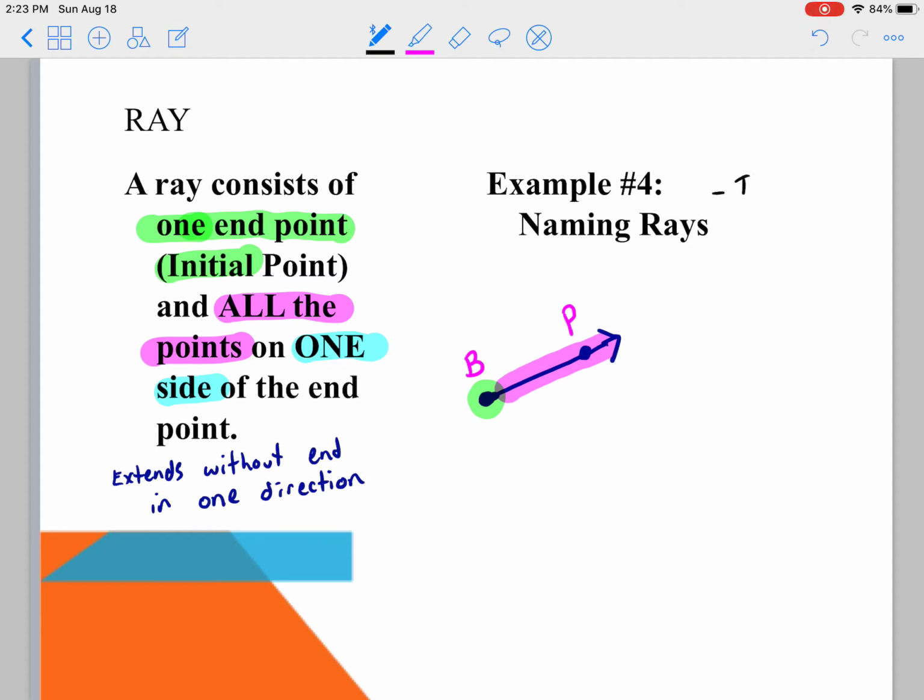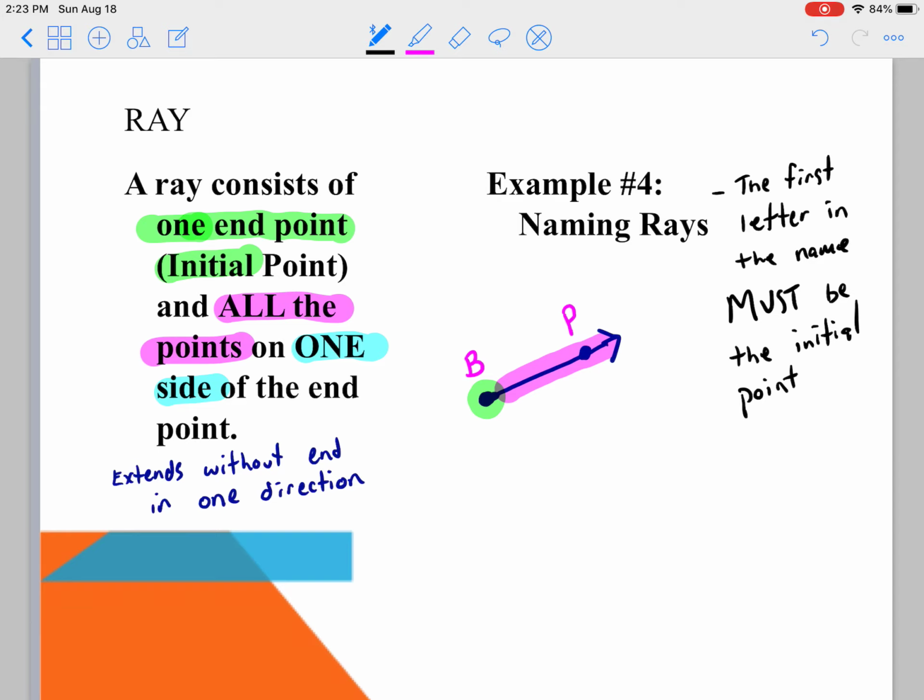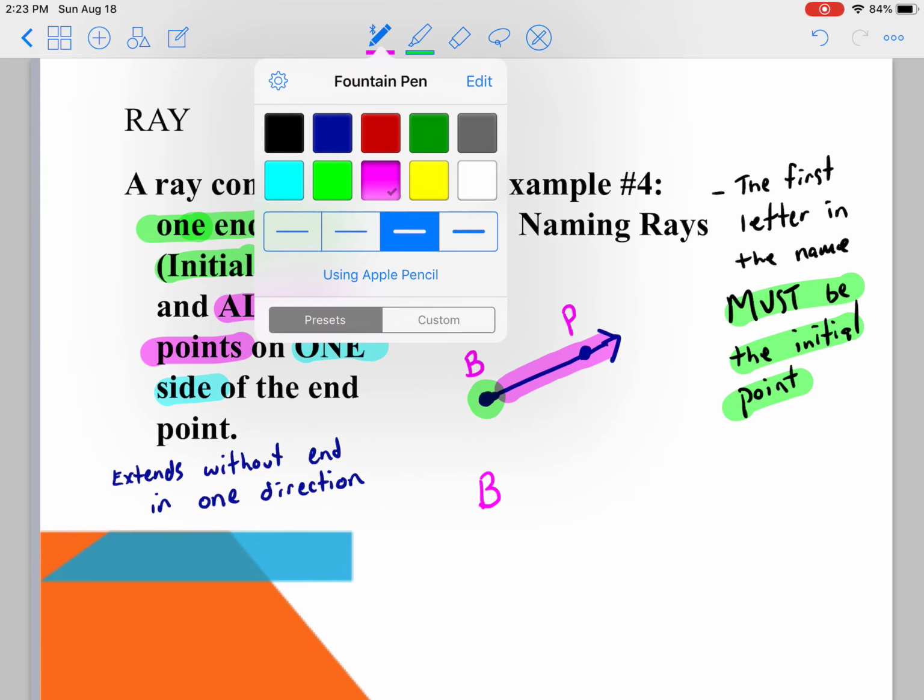So the first letter in the name must be the initial point. Okay? So in this case, my initial point is point B.